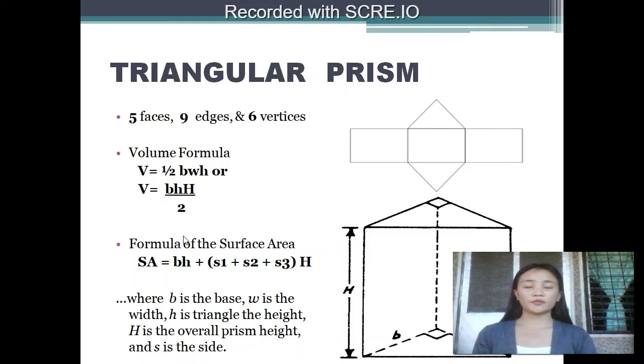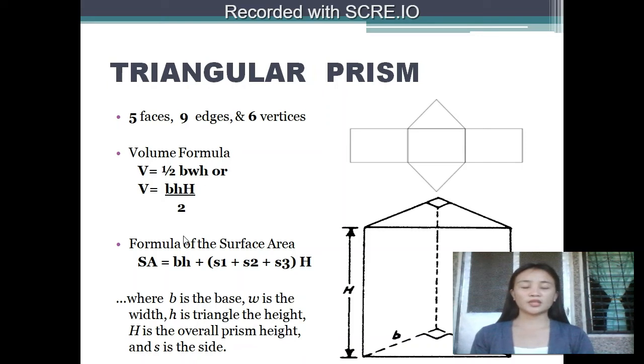The volume formula of the triangular prism is V is equal to 1/2 BWH, or volume is equal to B h H, small letter h and big letter H, all over 2.